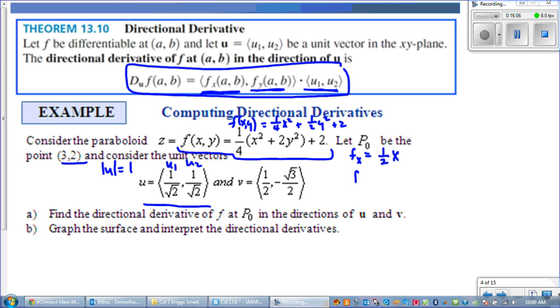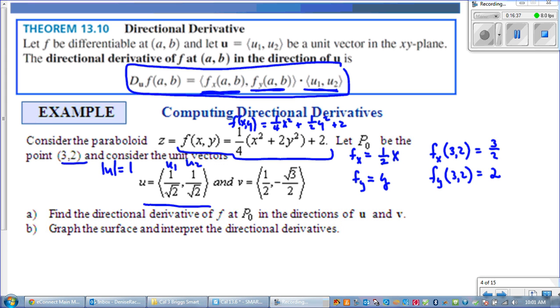The partial derivative of f with respect to y will be 1/2 times 2 times y. So it'll just be y. So if I want the partial derivative of f with respect to x at the point (3, 2), it will simply be 3/2. The partial derivative of f with respect to y at the point (3, 2) will be 2.